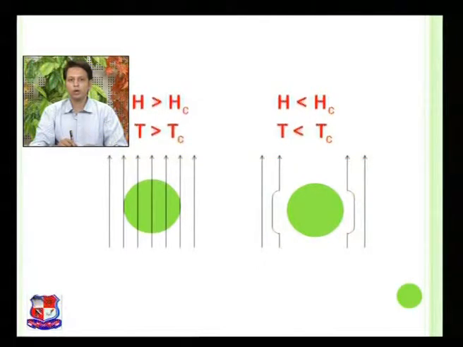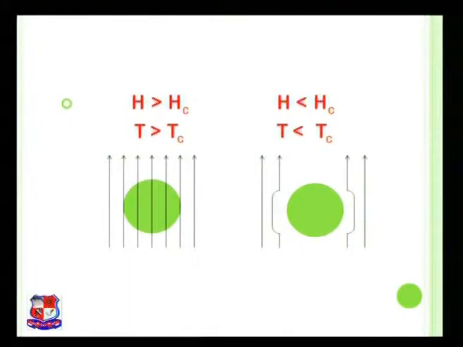Though they are equal, they are opposite. Due to this, inside the material, the effect will be nullified. That means not a single magnetic flux line will pass through that material.